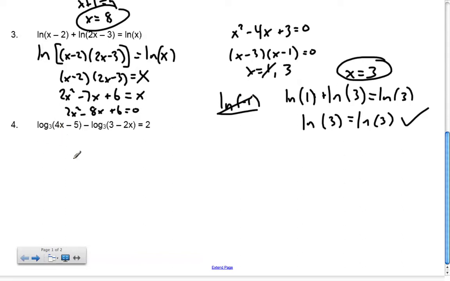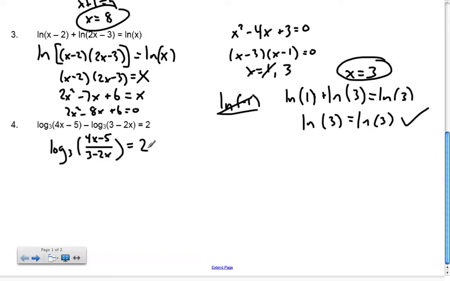Okay, last but not least, number 4. Looks like I got logs on this side, not a log on this side. Let's first try to combine these logs because they're the same base, so it might be easier to do that. So log base 3 of, this is a subtraction problem, so this is actually going to be using the quotient rule. 4x minus 5 over 3 minus 2x is equal to 2.